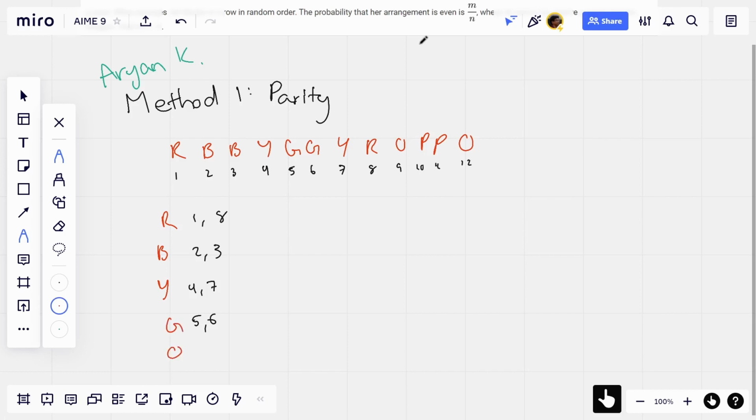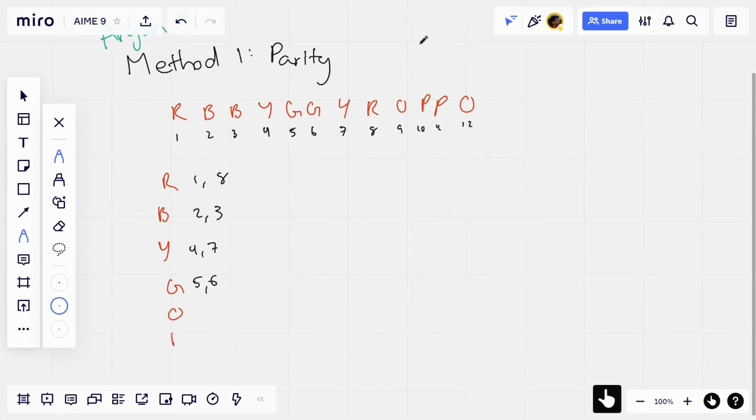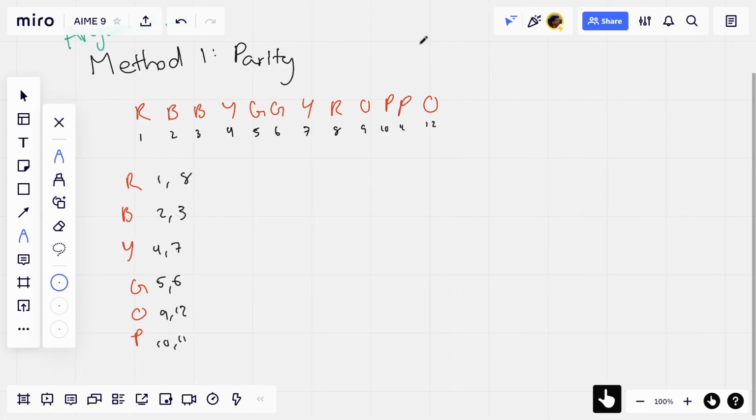And then orange and purple are at 9 and 12, and 10 and 11. And so we see for each color given in the example, one of the positions is an even number and one of them is odd. But is this necessarily true for any even arrangement? Because this is only one example.